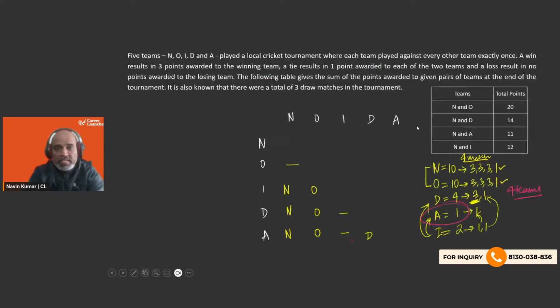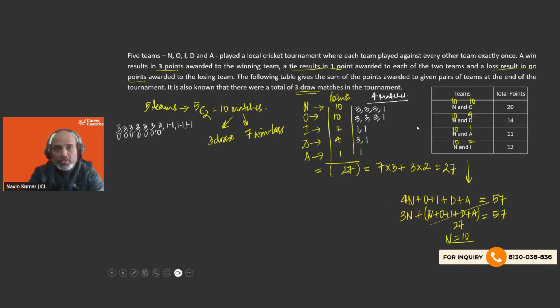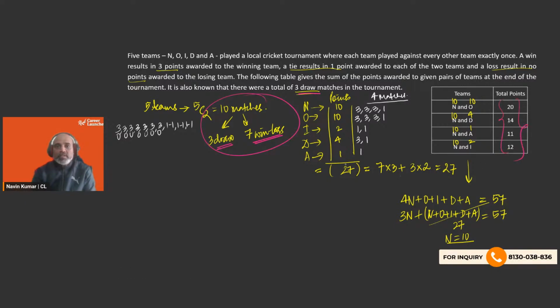So basically in this particular set, it was very important for us to figure out how many matches are supposed to be played. Since it was given 3 draw matches happened, that means the remaining 7 matches ended in a win or a loss. Then if we add all the given points, it results in 4 times N plus O plus I plus D plus A, which is going to give us 57.